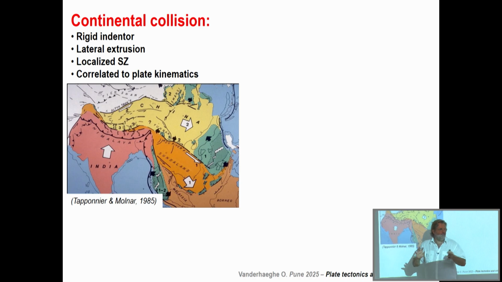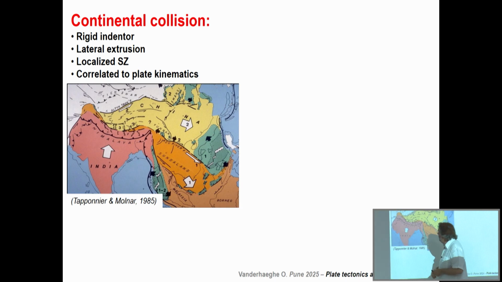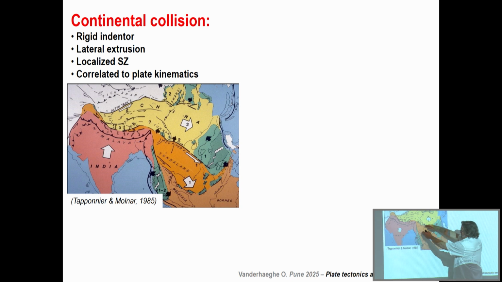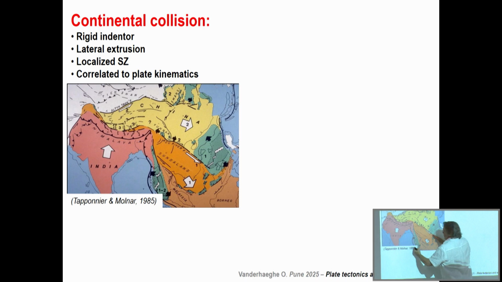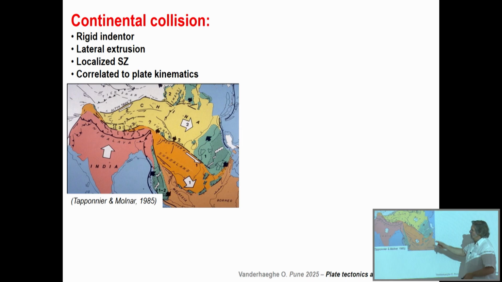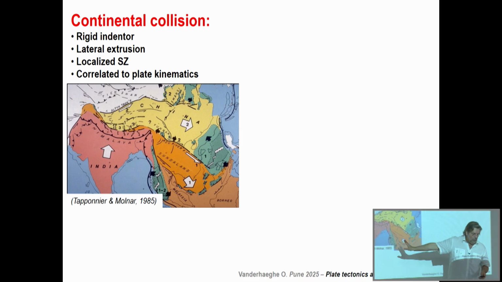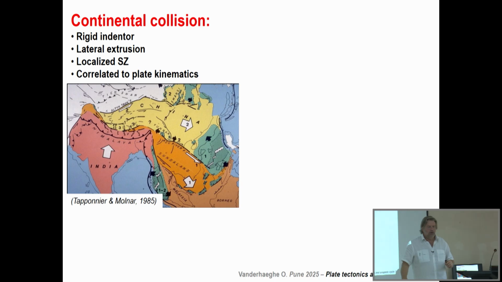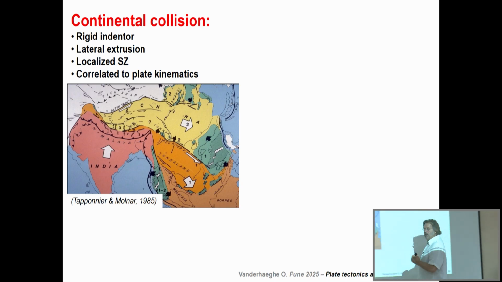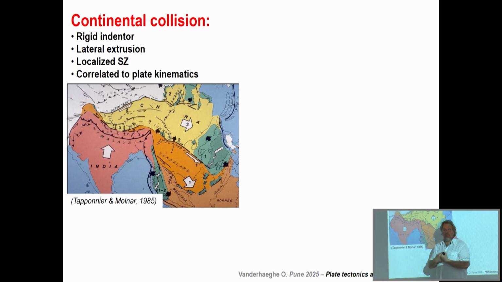I'm not sure if there's something political behind that, but you think about the strong India punching into Eurasia, and the consequence of that would be extrusion of blocks, Indonesia, South China, towards the east, localized along continental scale shear zones. But what these guys first showed, and we'll come back to the indentation model afterwards, is that collision didn't stop convergence.